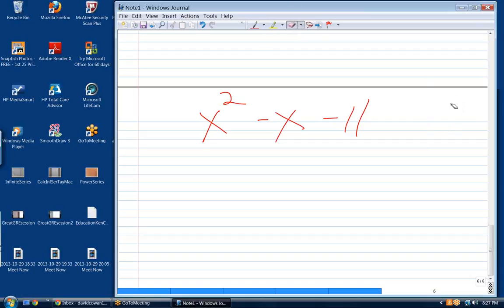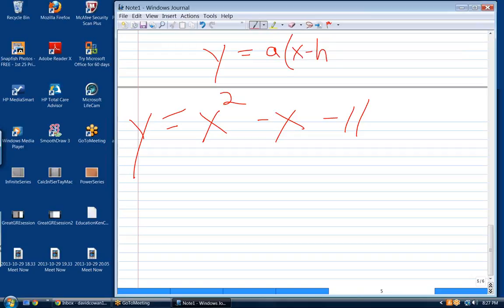There's our equation. Y equals x squared minus x minus 11. And they say put it in standard format, which is vertex format. What's vertex format for a quadratic? I don't know. Right here.